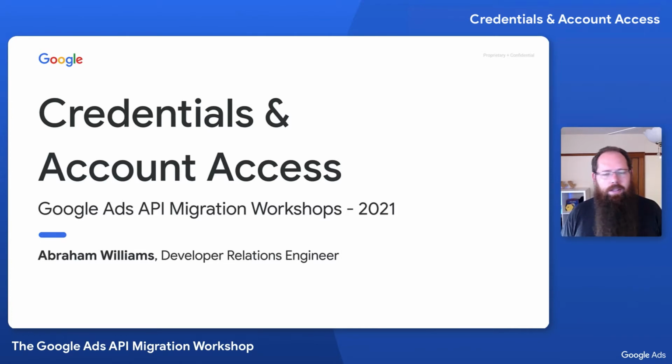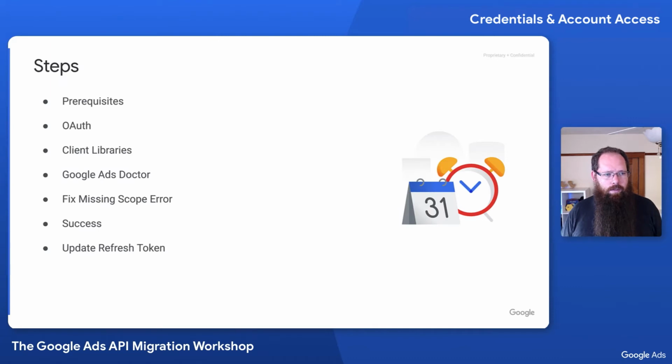Some of the things we're going to talk about today are OAuth, what that means, and how that helps you get credentials and act as a user to interact with the Google Ads API. We'll talk about how to use and configure client libraries. We provide a number of them to help you get up and running quickly and easily. They're a great resource.